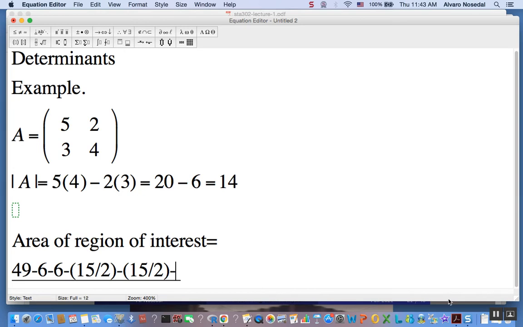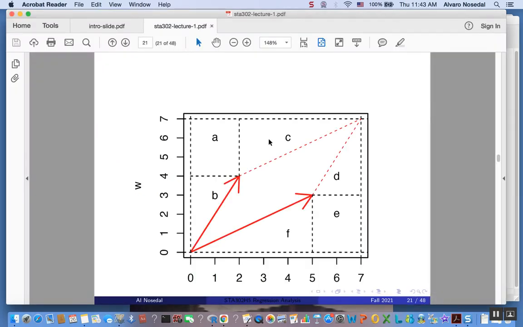Minus 2 more triangles and we're done. B and D. So note that the base of this guy would be 4, right? The height 2. So 4 times 2 divided by 2, because it's a triangle.